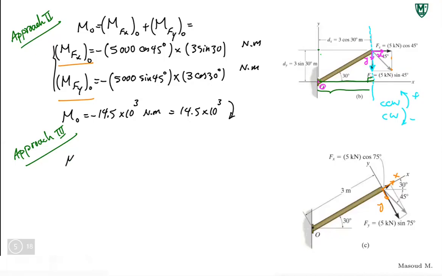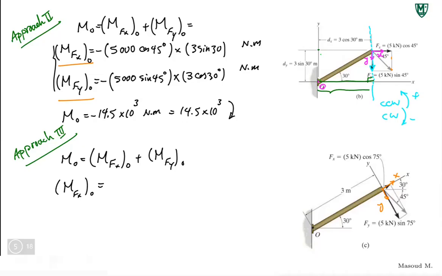MO again is MFx about point O plus MFy about point O. So MFx, moment caused by Fx about point O, is, so what is Fx?